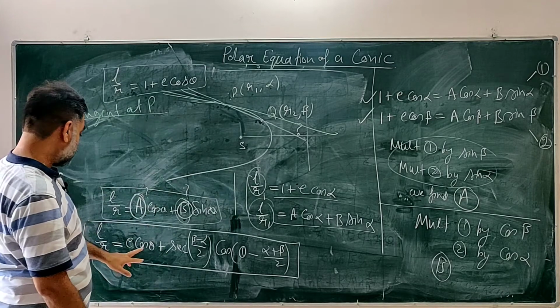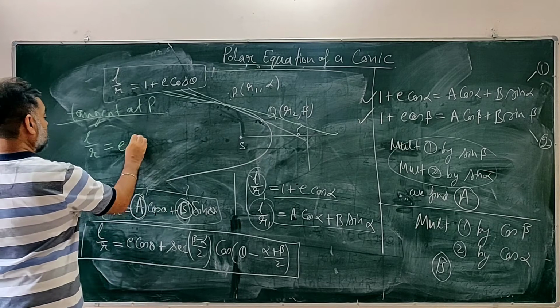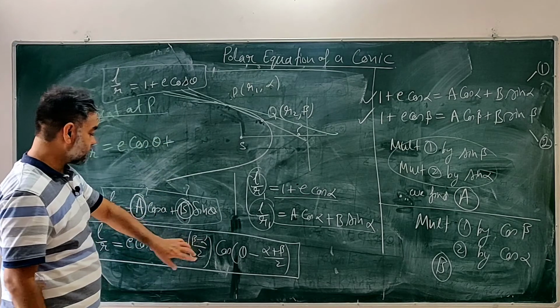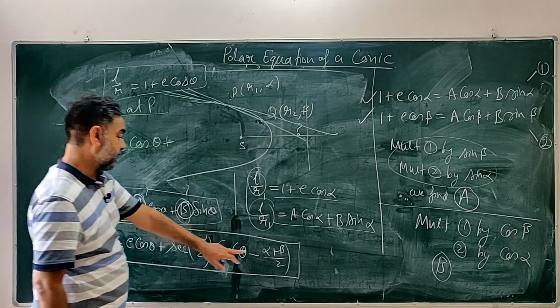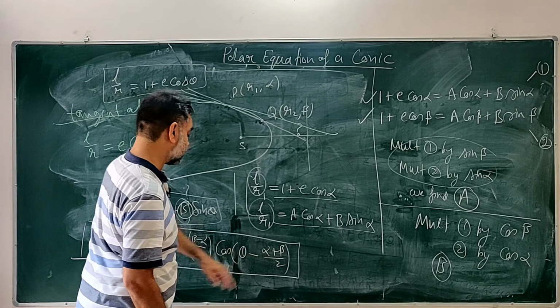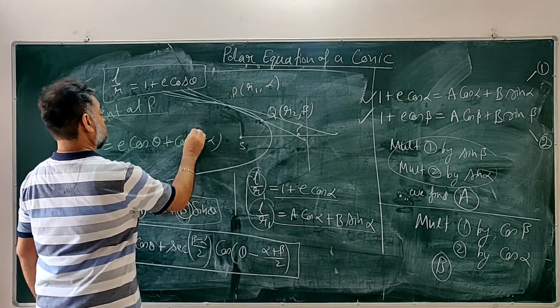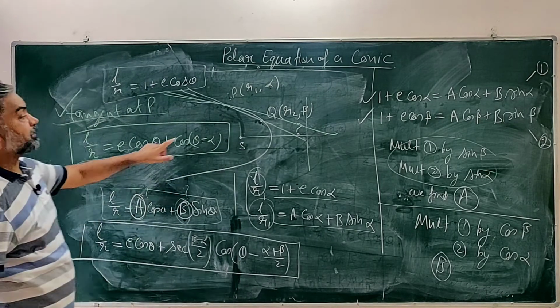So when beta becomes alpha, this equation would be L over R is equal to E cos theta plus, this is 1, this is 0, secant 0 is 1, and beta becomes alpha, so this is cos of (theta minus alpha). So this is the equation of the tangent at P.